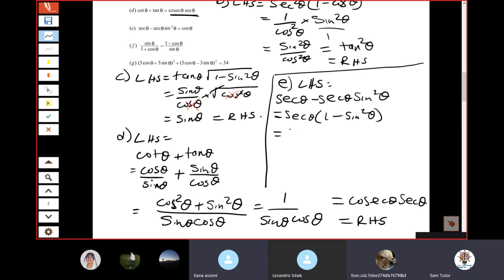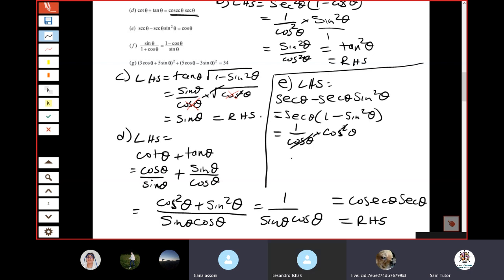Diana, sec theta, what did you say it becomes again? 1 on cos theta. And 1 minus sine squared theta becomes? 1 minus cos theta. No, incorrect. Cos squared theta. It takes some getting used to.